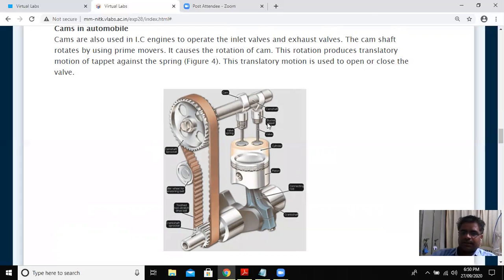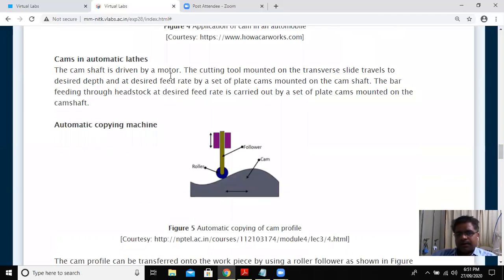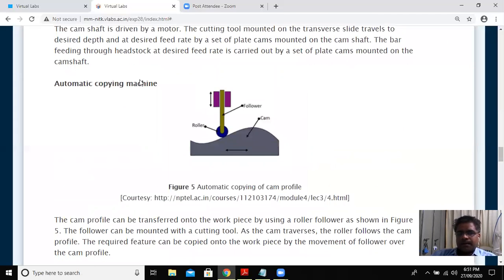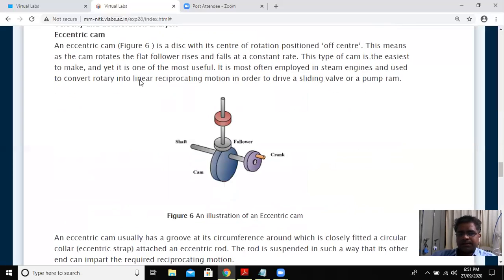So like this, when this valve is outside, it will be inside. Similarly, if it is inside, it will be outside. Depending upon our requirement and number of valves, we can have n number of cams attached directly, welded or permanently attached or fastened to the shafts.